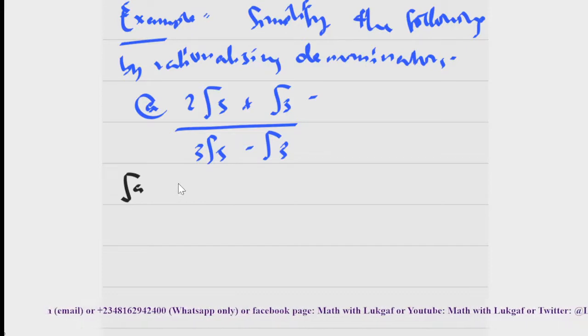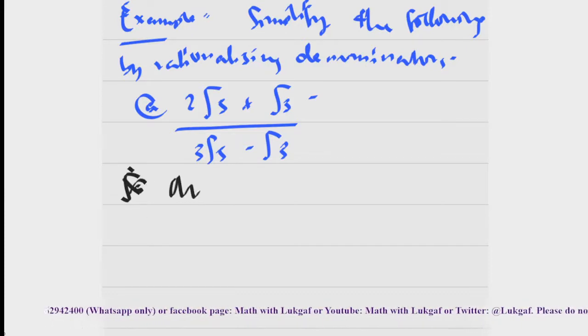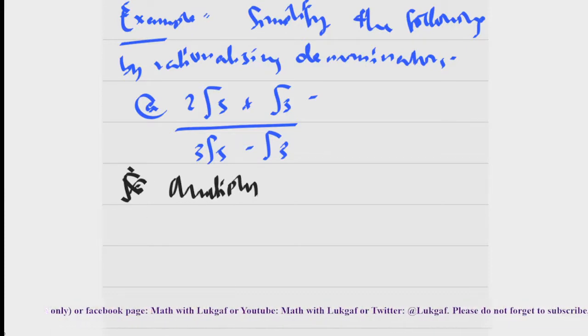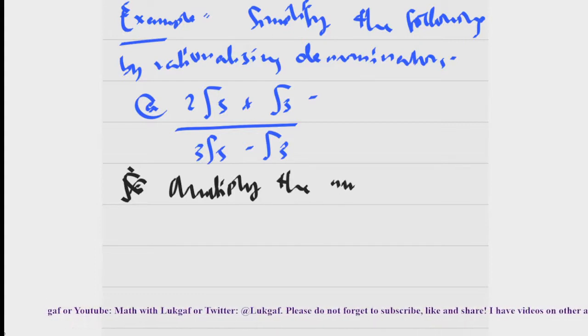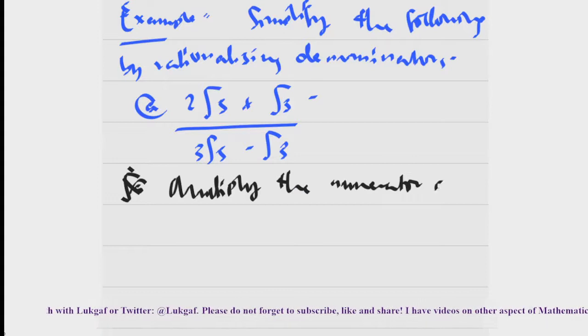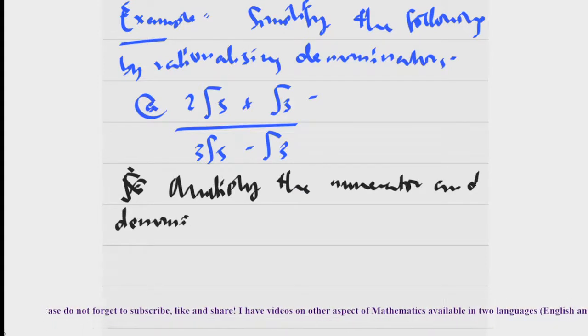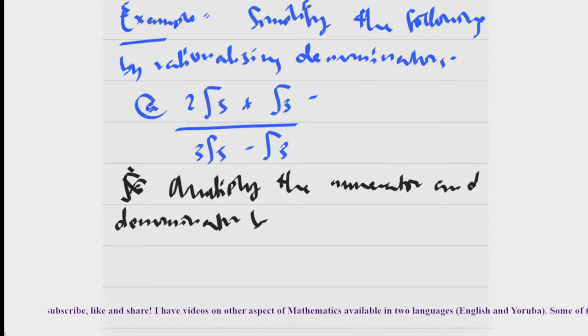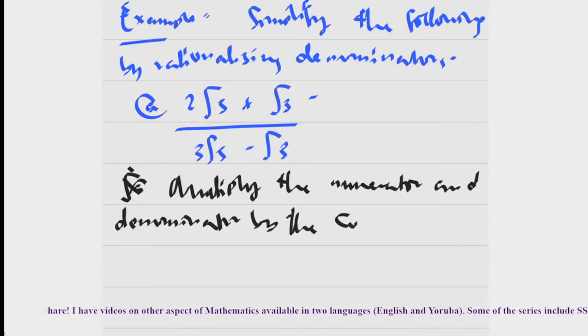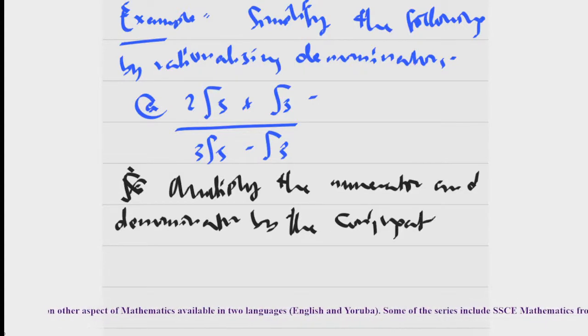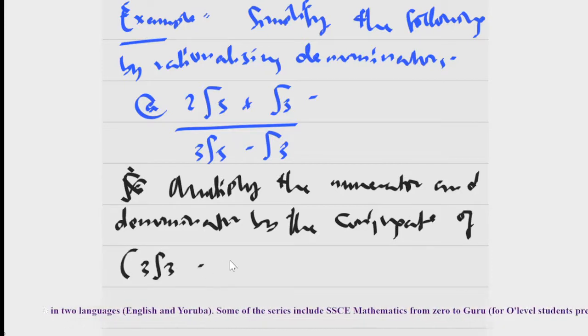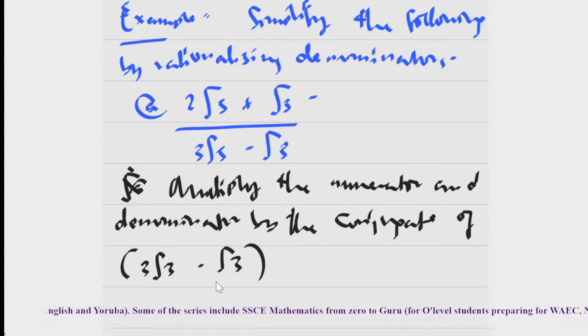Okay, now. So you now say multiply the numerator and denominator by the conjugate of 3 root 5 minus root 3. And what is the conjugate of 3 root 5 minus root 3?